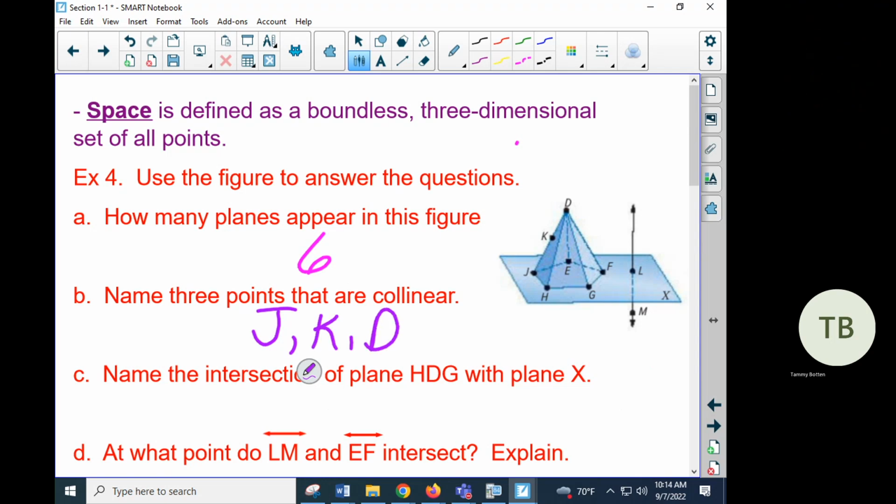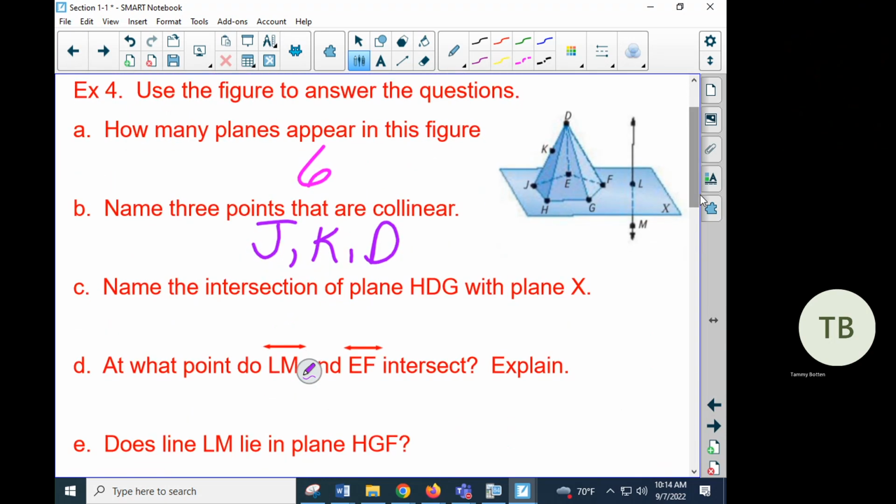Then it says name the intersection of plane H, D, G. When you guys first look at that, you might be like, there's not a plane H, D, G. But you got to remember that any 3 points that are not on the same line determine a plane. So this HDG is considered a plane.